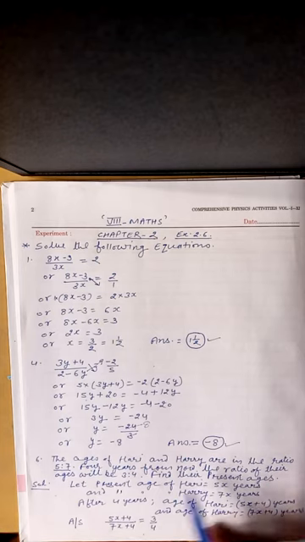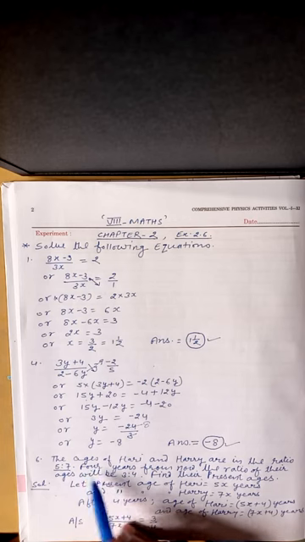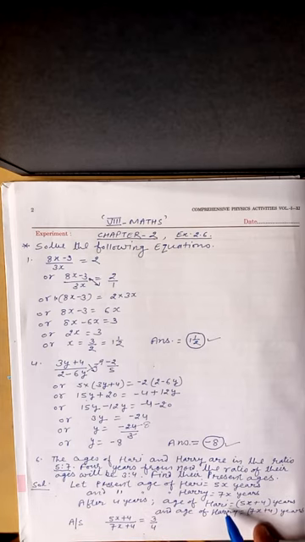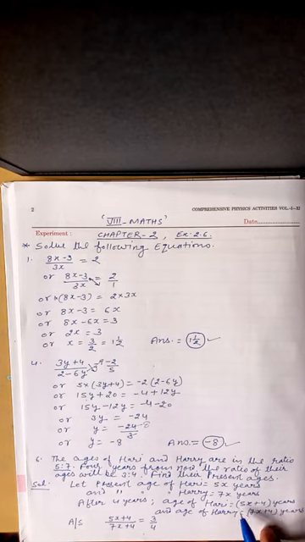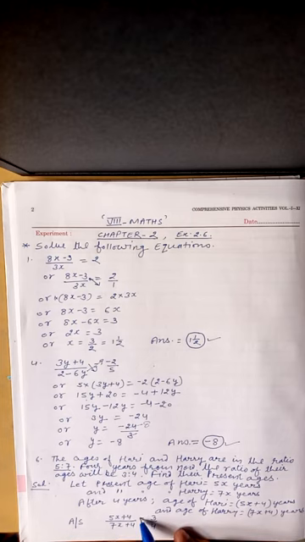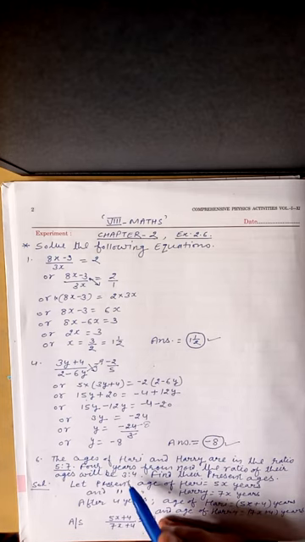Now as per the question, after 4 years, here it is written 4 years from now, means after 4 years. After 4 years, the age of Hurry will be present age plus 4, 5x plus 4, and the age of Harry will be 7x plus 4. Now according to the sum, after 4 years their ages have the ratio 3:4, means 3/4.